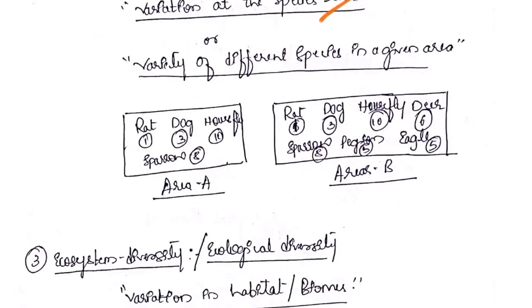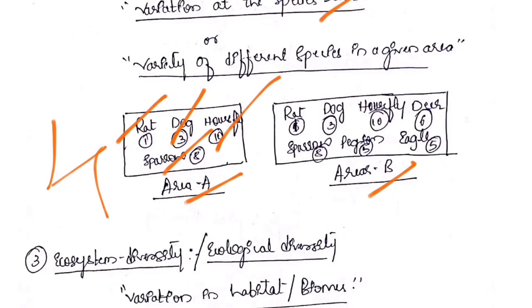See here, I have taken the example of area A and area B. Area A has 1 rat, 3 dogs, 10 house flies, and 8 sparrows. How many species are there in habitat A? Only 4 species. Then come to area B. Here we have rat, dog, housefly, deer, eagle, pigeon, sparrow.